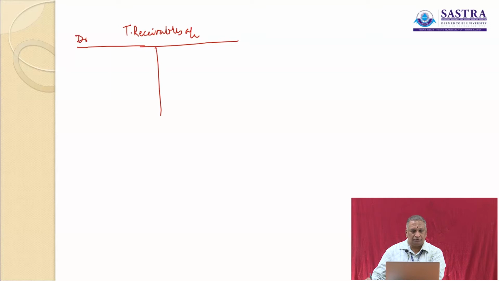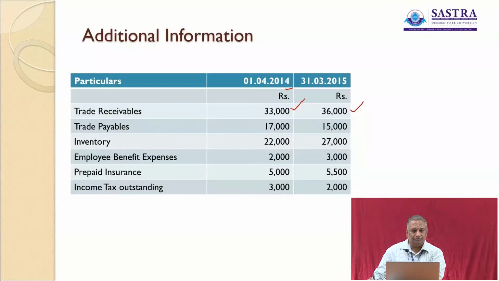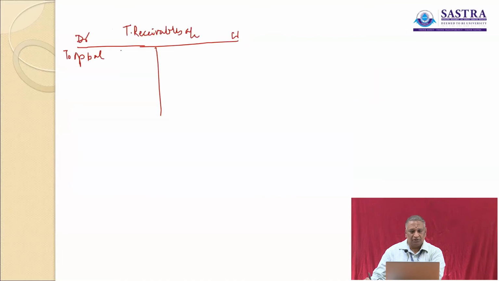cash received from debtors. So if you are comfortable with the ledger method, in case of the trade receivables ledger, receivables account, if you prepare the account, normally it is a balance sheet asset item, so the opening balance goes on the debit side, to opening balance.